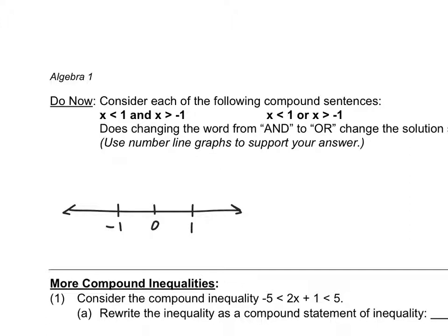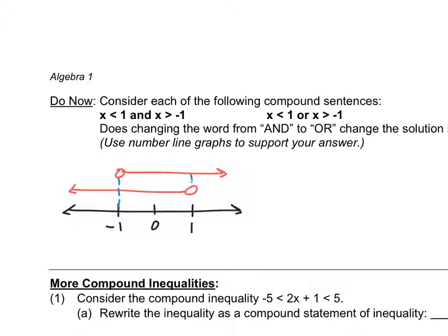Anyway, less than 1. Oh, less than 1, not -1. Greater than -1. So if I look at the two sets independently of one another, that's what I'd be looking at there. Well, the word and is telling me that I have to satisfy both sets at the same time.